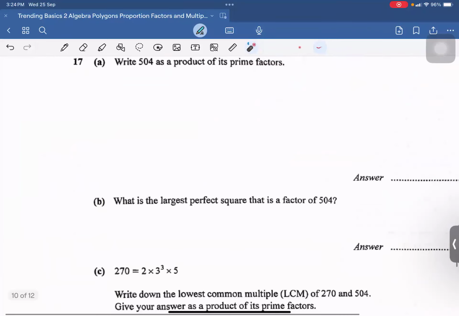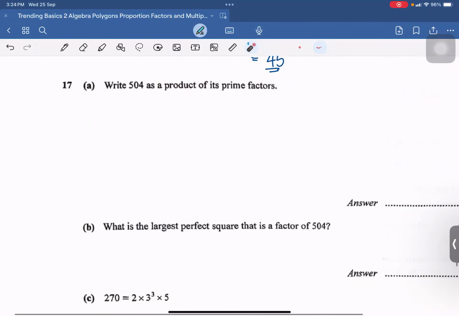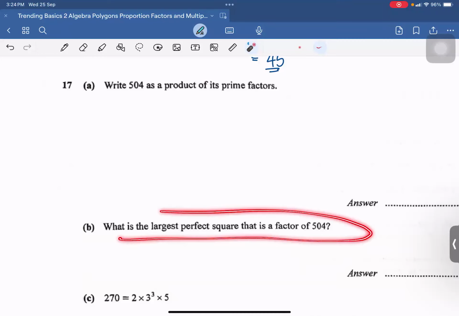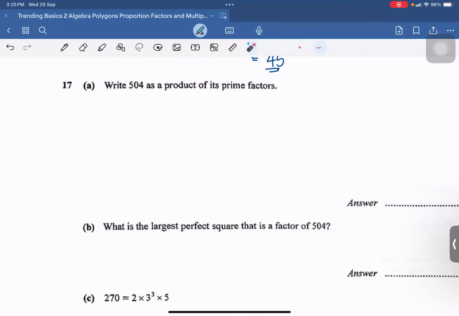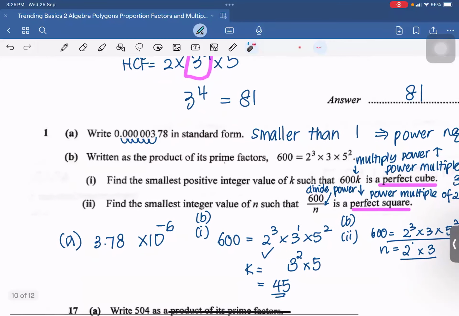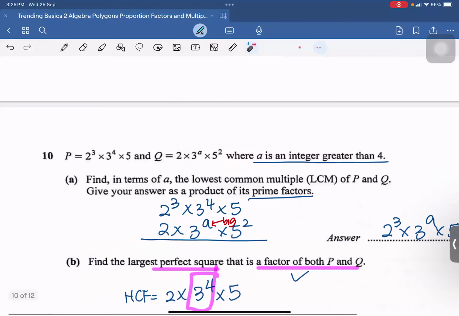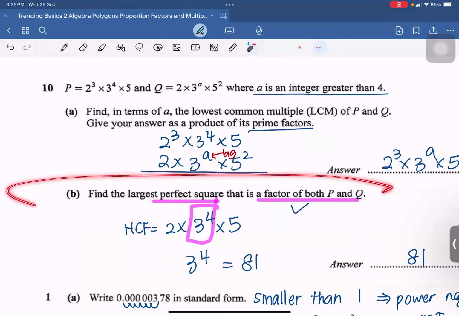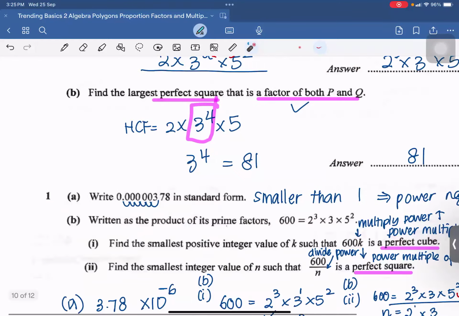Write 504 as a product of its prime factors. This was a long time question. Observe this question. What is the largest perfect square that is a factor of 504? This question was in 2000, don't know which year, 2019 or 2018. And notice, is it the same exact question? Right? It came out something like that, right?